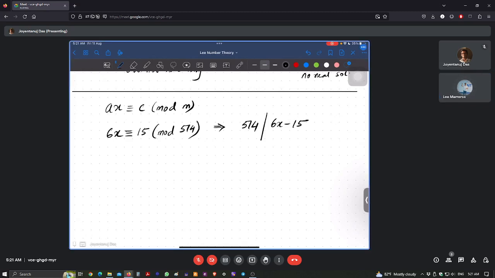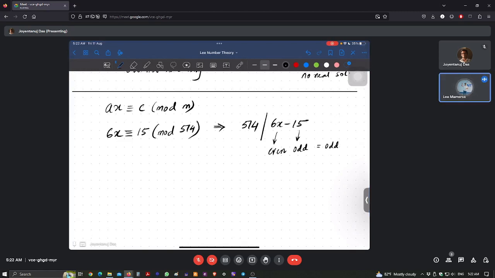Now, what I have is that 6x is an even number. Even minus odd would be odd, right? But 514 is an even number.